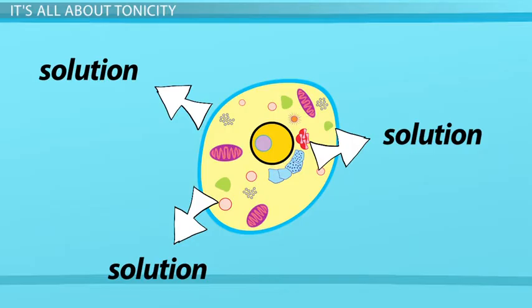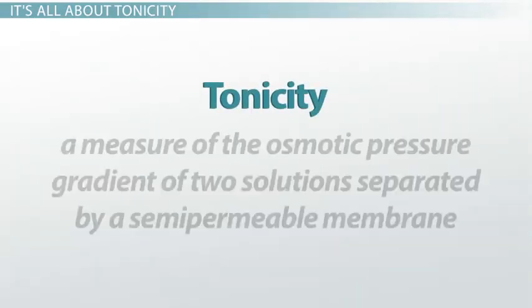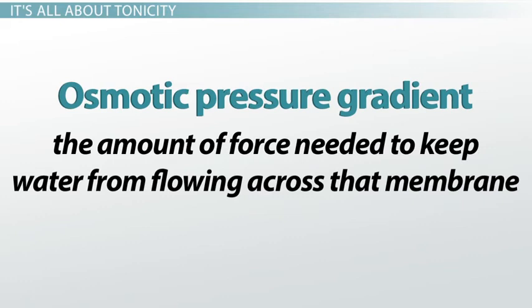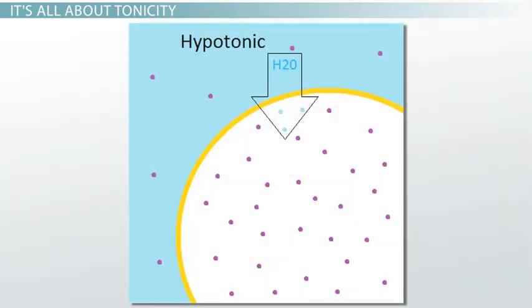This is where tonicity comes in. Once again, tonicity is a measure of the osmotic pressure gradient of two solutions separated by a semi-permeable membrane. Osmotic pressure gradient is the amount of force needed to keep water from flowing across that membrane. Water likes things to be equal on either side of a membrane.